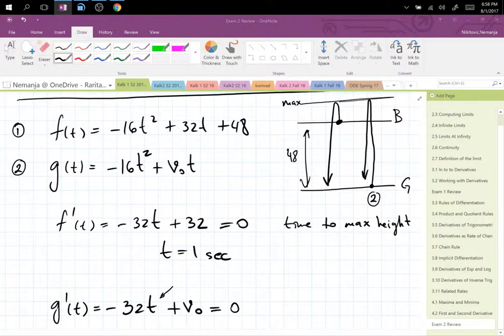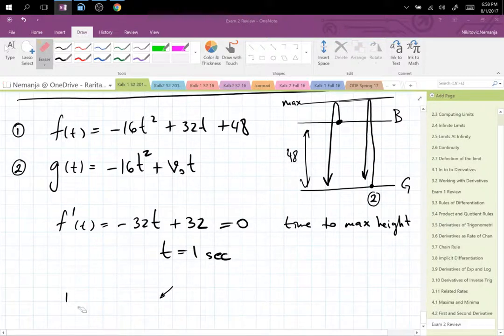Determine the value of v0 such that both stones reach the same high point. Is it at the same time, or does it have to get to the same point? Well, let me calculate first the high point.